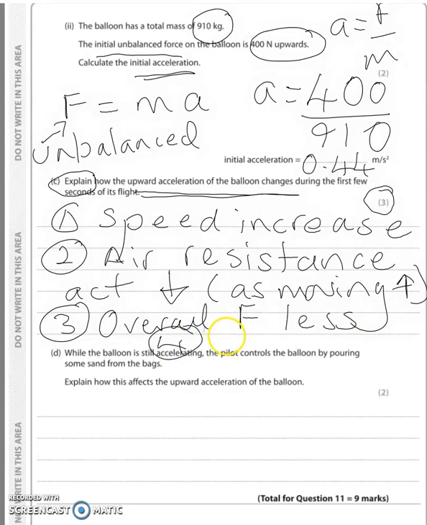And that means that your acceleration will be less. Your acceleration will decrease. Now, the most important ones there are, I think, 2, 3, and 4. Those are the ones you're aiming for.